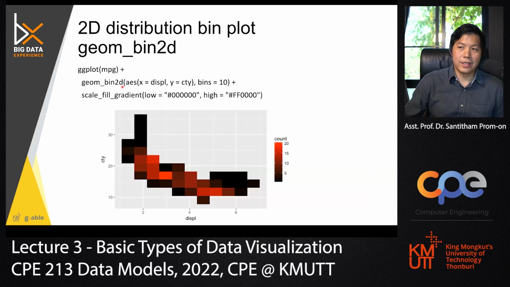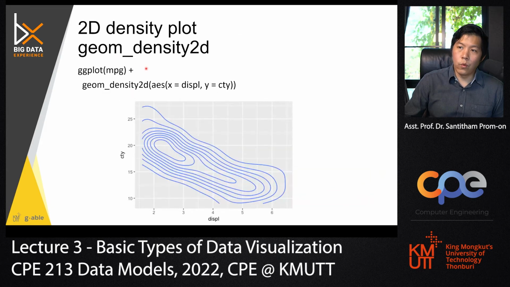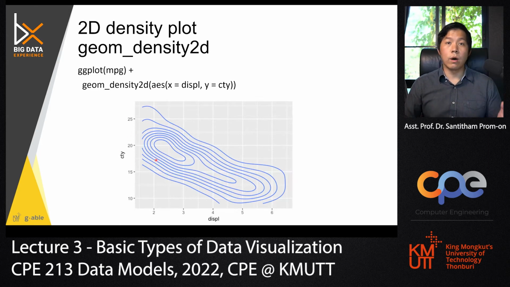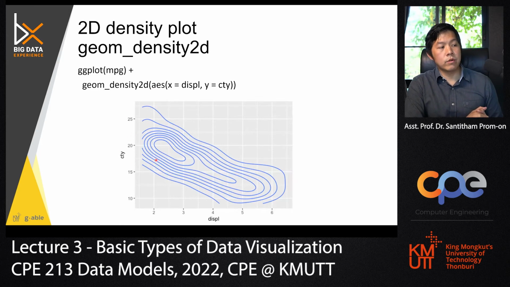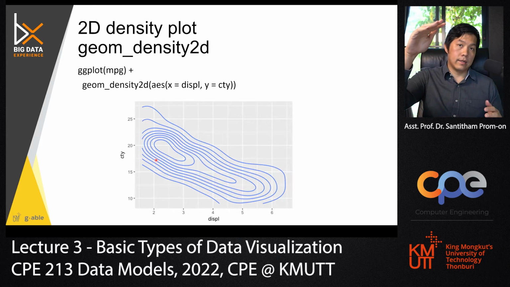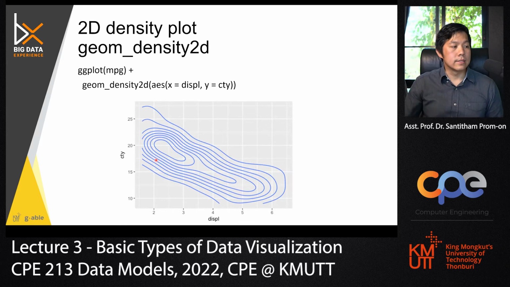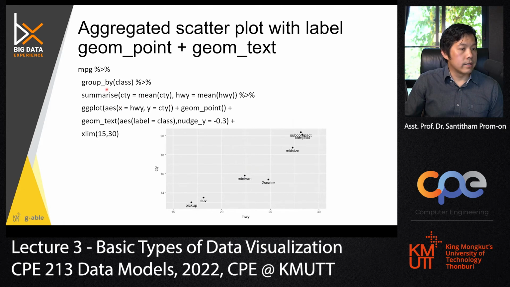And this is geom_bin2d. There are other similar plots like geom_contour. You plot something similar to geom_bin2d, but as lines in a contour plot. A contour plot would plot the high peak as the center line, and then it will go down from there. You can also plot aggregated values by summarizing them first, using group_by and then summarize.